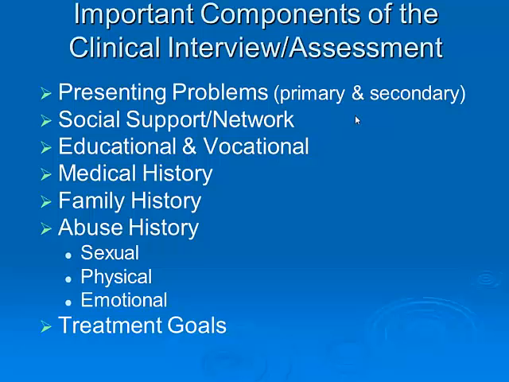Along with the medical history, one's mental history is a part of that. So in terms of medical history, it's looking at physiological kinds of issues as well as mental issues. So you're wanting to understand the extent to which there are both physical as well as mental kinds of issues that exist within the person.